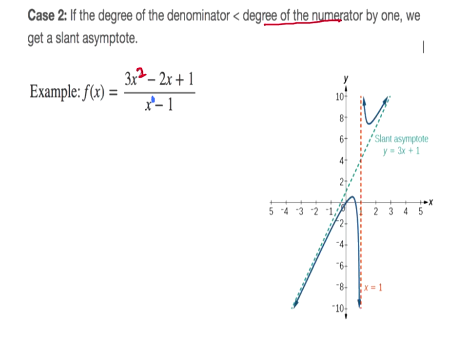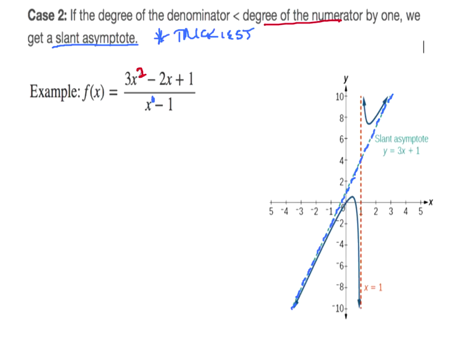And in this case, we get what we call a slant asymptote. Okay, this one is the trickiest one of all to find. So I'm going to show you how we got this slant asymptote at 3x plus 1. So here's how we did it.